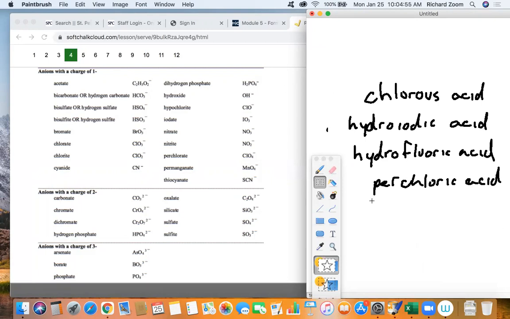Perchloric, there's no hydro in front of it, so it must come from the polyatomic ion sheet. Perchloric comes from perchlorate, which is over here, ClO4 minus. So I'll write that down.